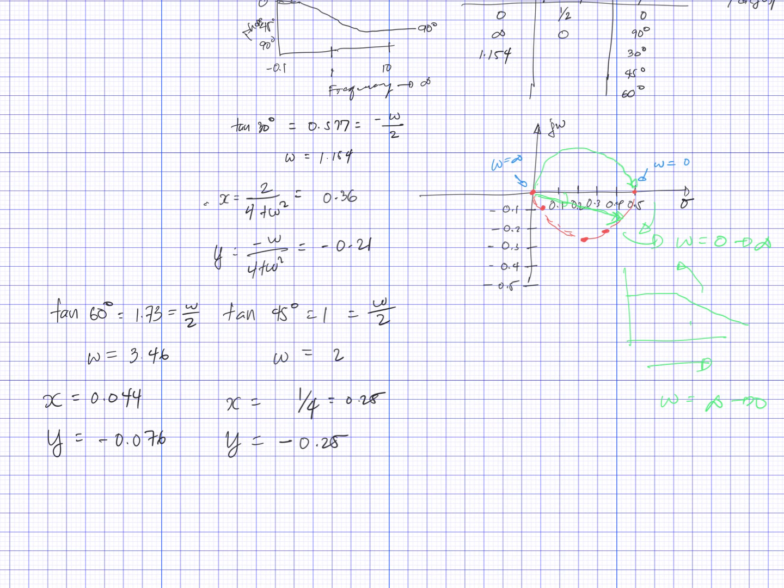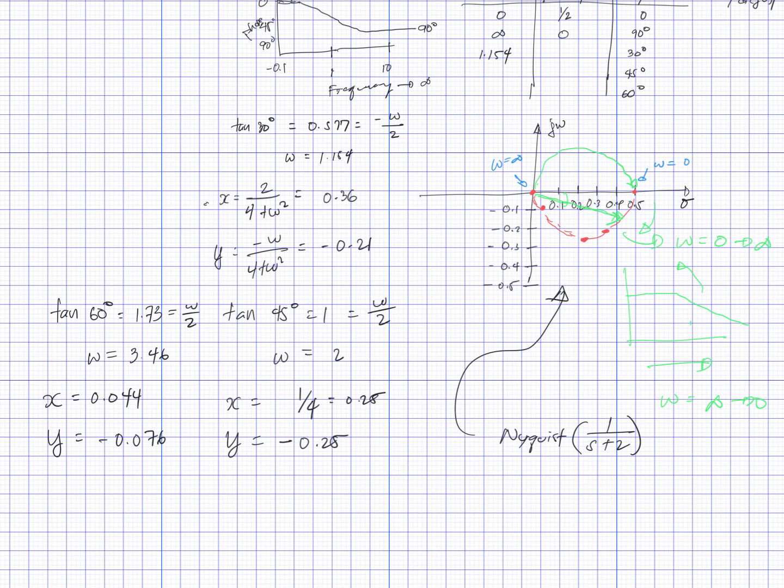And so if you try this command in MATLAB, nyquist 1 over s plus 2, you will get that full shape. But we are only concerned about this first half from 0 to infinity.